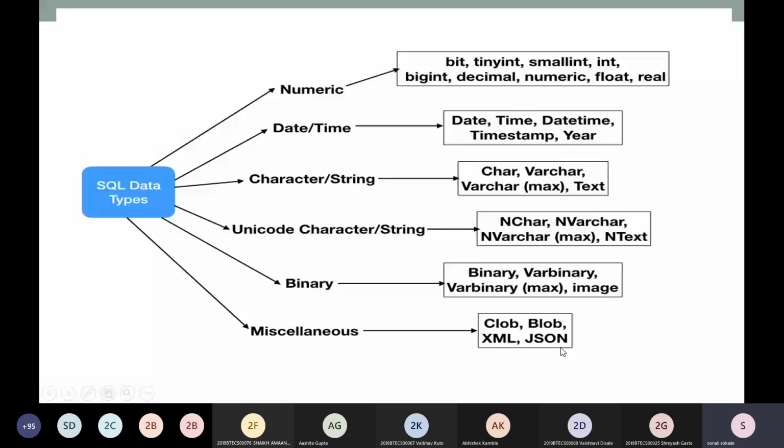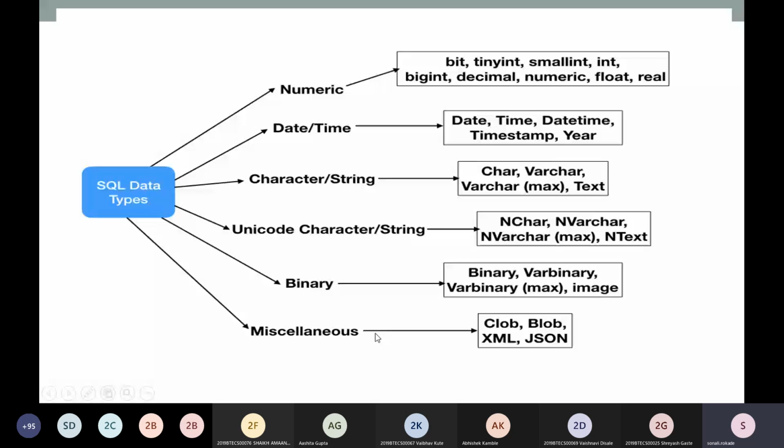These are the data types which have bigger size. CLOB is nothing but a character large object and BLOB is nothing but a binary large object. You can store up to 2 to 3 GB of data in that attribute. XML and JSON you all know. BLOB and CLOB are a little bit different: character large object and binary large object are the miscellaneous data types of SQL.